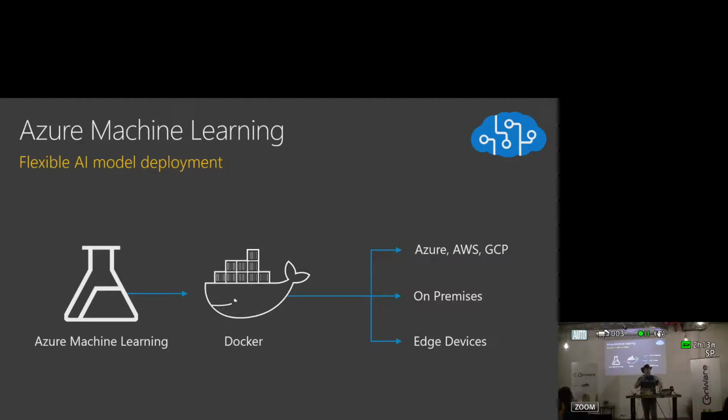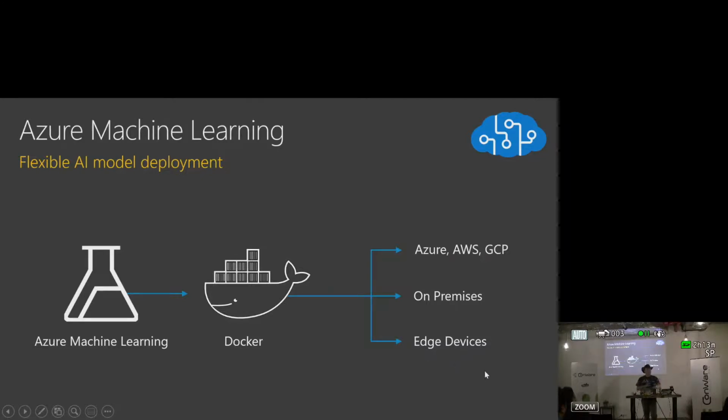And then if you have a Docker container, you can run it locally on your machine or on your server in your own firm in the Docker engine, or all the popular clouds have possibilities to run Docker containers. For example, on Azure, we have something called Azure Container Instances, ACI, where you can just upload the Docker container and then it's going to run. AWS, GCP have that. Or even edge devices.